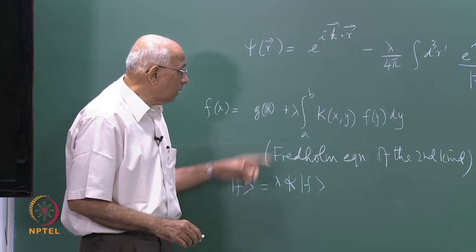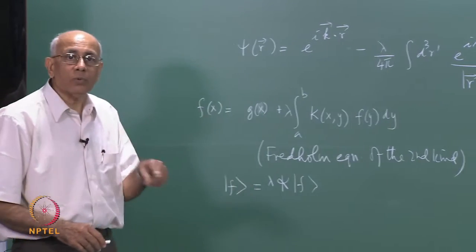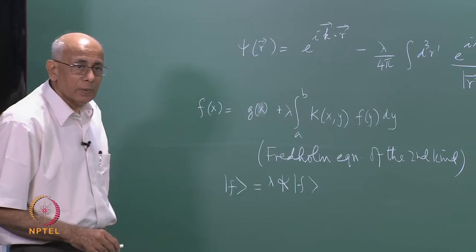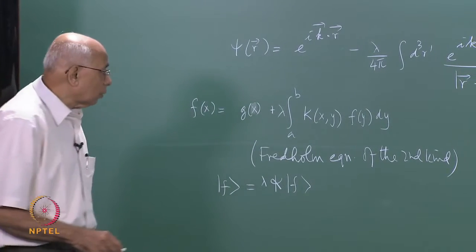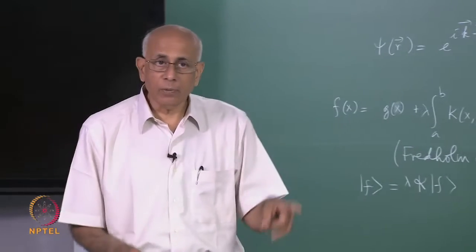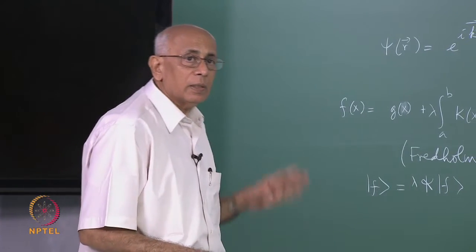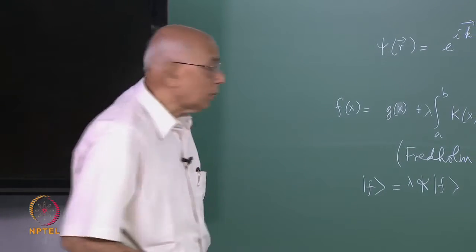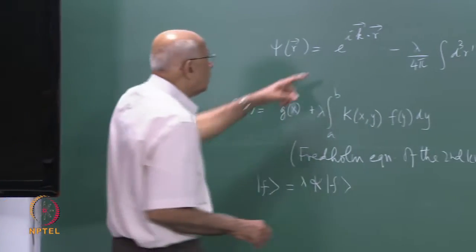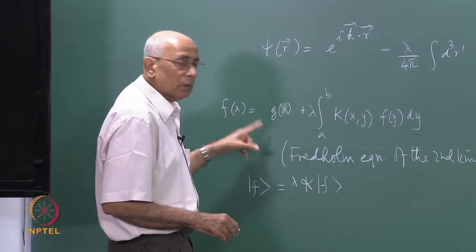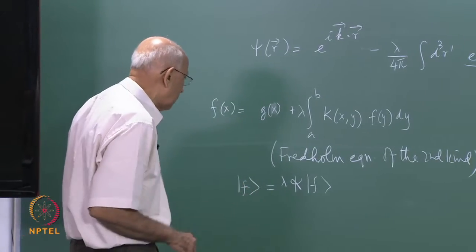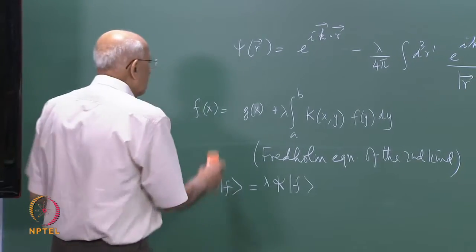Then of course you can see that this lambda plays the role of 1 over the eigenvalue. That is a Fredholm equation which is homogeneous and it is an eigenvalue problem, but in this case we have an inhomogeneous term present on this side, and the significance of this will become clear as we go along.